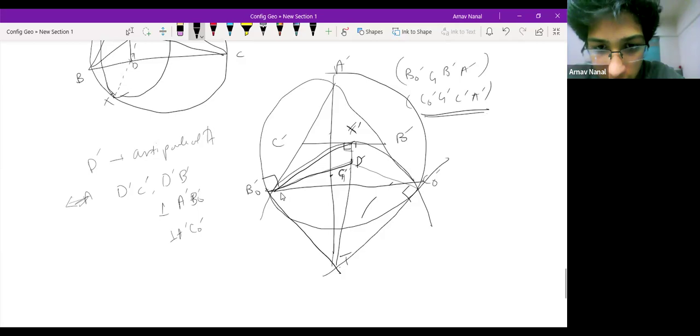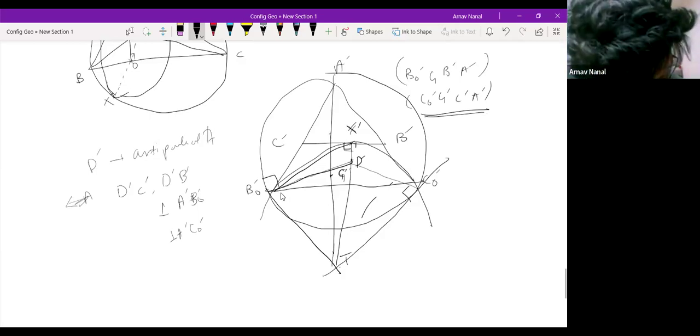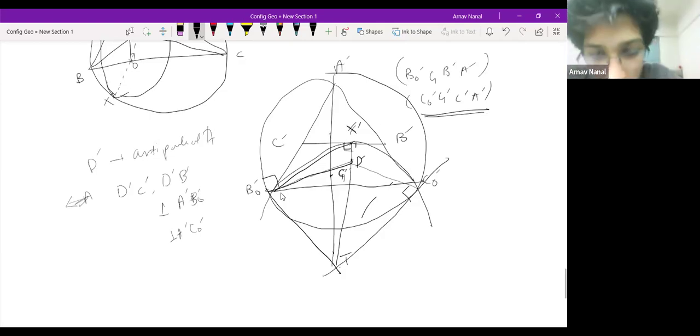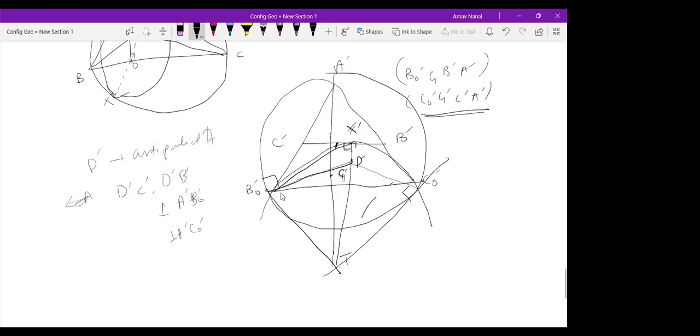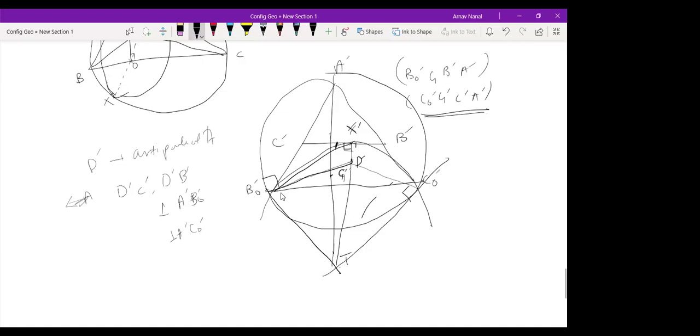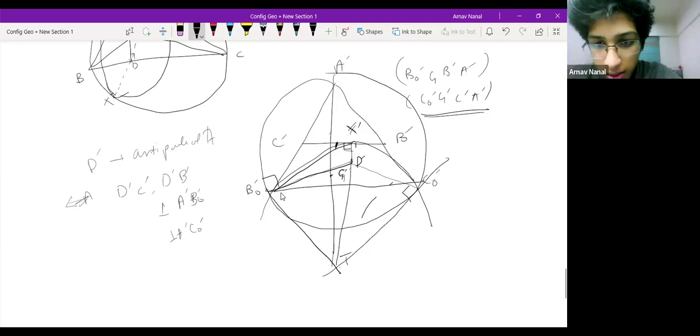Ah, okay. It's indeed angle chasing. G dash is the Dumpty point of A dash, B naught dash, C naught dash. Yes, we know that. Okay, so it is easy.